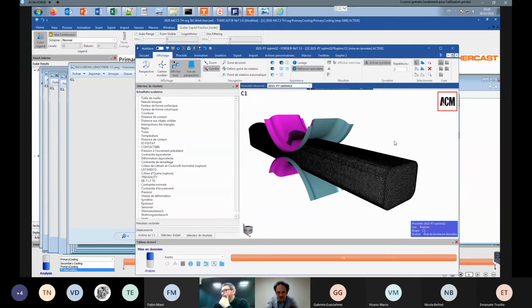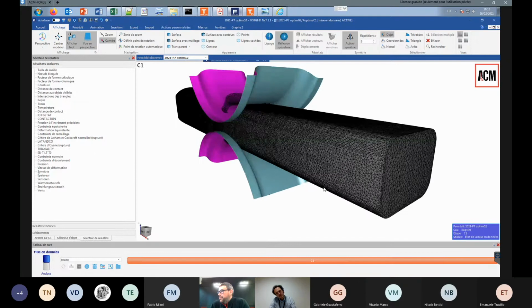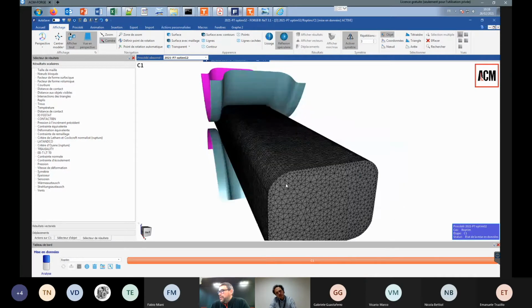I can show you a rolling simulation, which is done with another software called Forge, which is a cousin of Thercast, let's say, because it's also provided by Transvalor. And here you have a numerical simulation of rolling.